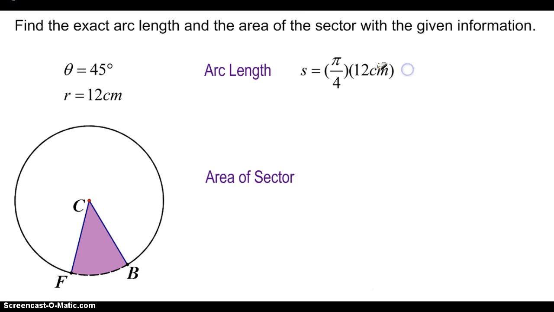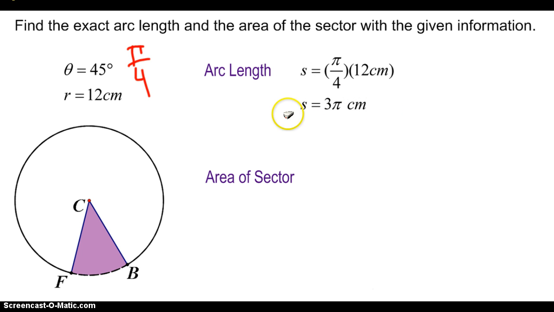Again, we have to remember we needed to first convert our 45 degrees into pi over 4. And from here all we have to do is reduce. So our arc length is equal to 3 pi centimeters.